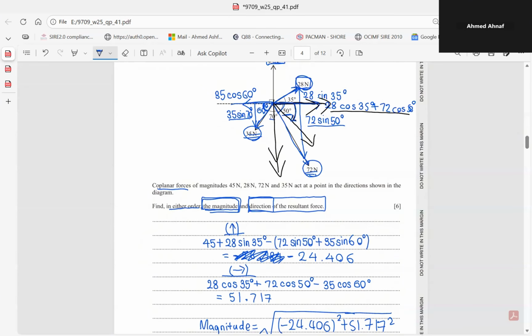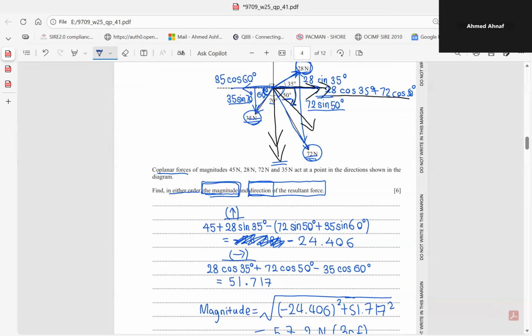Okay, so to find the angle, you can use the right angle triangle analogy, right? If you do that, the angle would just be the tangent inverse of the vertical component divided by the horizontal component. And you don't have to take in any signs. You can just divide by the magnitudes.